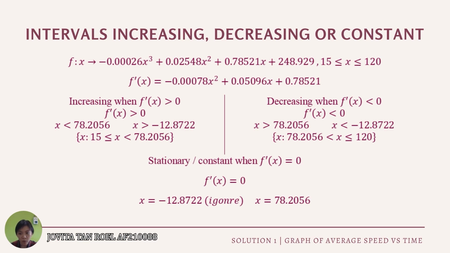Same as the graph of volume versus time, it is increasing when f prime x is larger than 0, and because of the range we are given, the interval increasing is x larger than 81.0917 and smaller than or equal to 120, and decreasing when f prime x is smaller than 0, the interval decreasing is x larger than or equal to 15 and smaller than 81.0917. For the stationary point, f prime is equal to 0, therefore it is constant when x is equal to 81.0917.